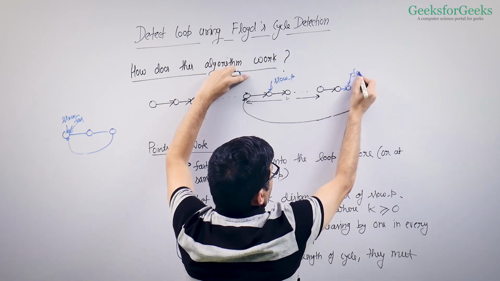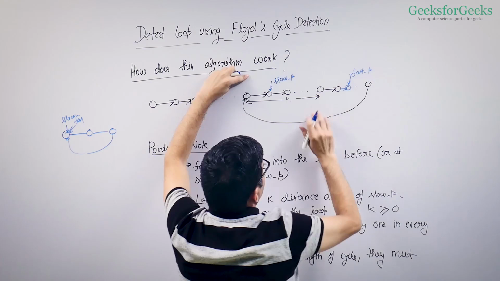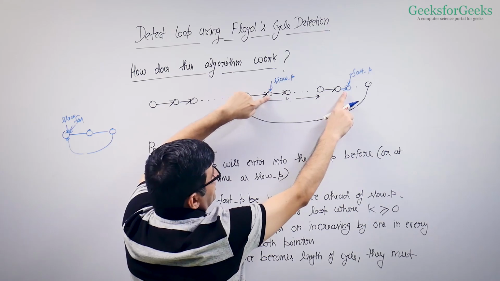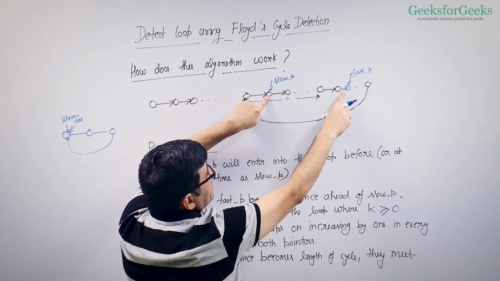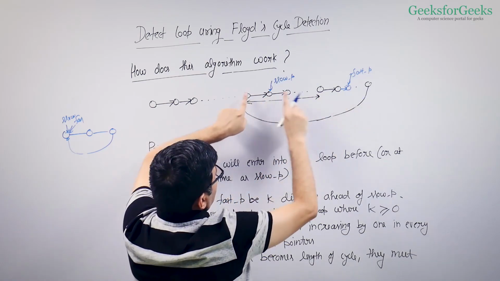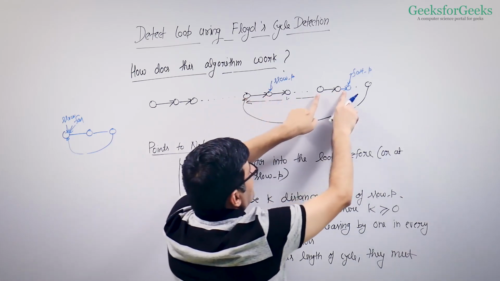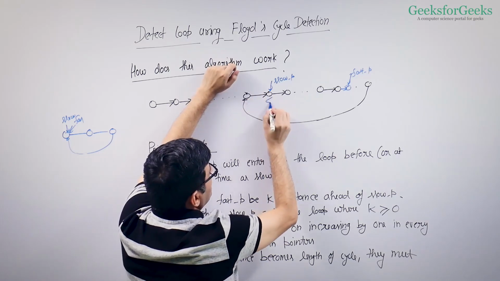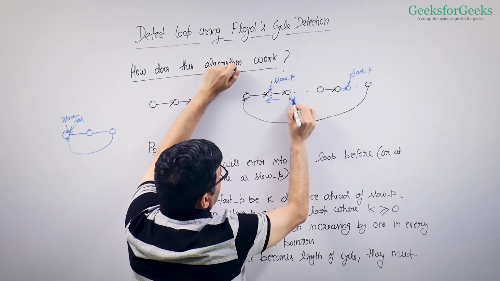Fast will come here. So the distance that was k from here to here will be k plus 1, right? This distance was k, this distance will be k plus 1 because this has increased by 1 but this has increased by 2, right? So the distance between these two pointers now becomes k plus 1.